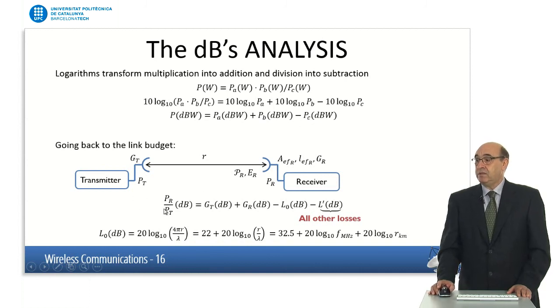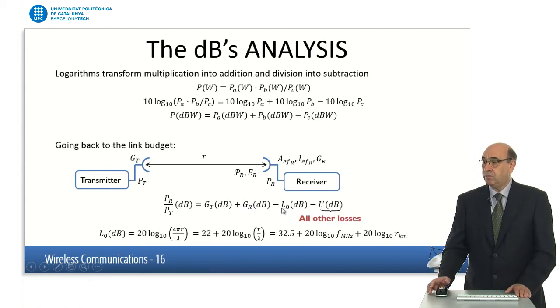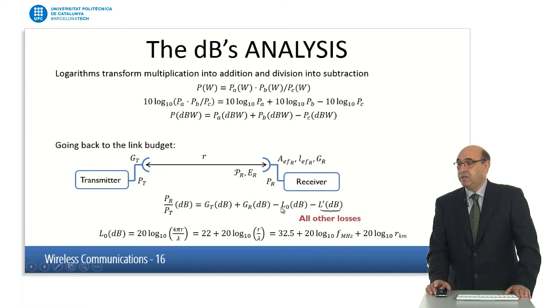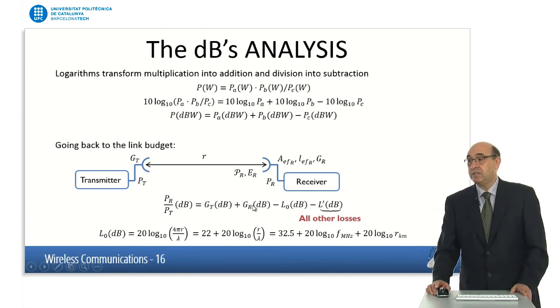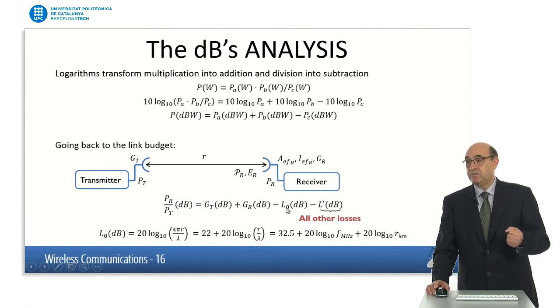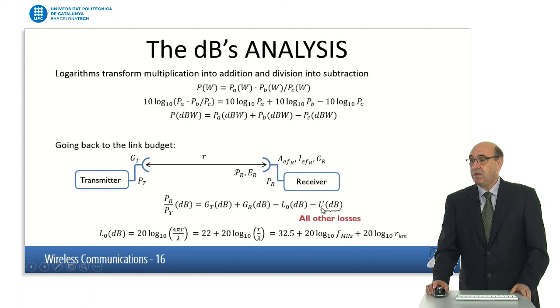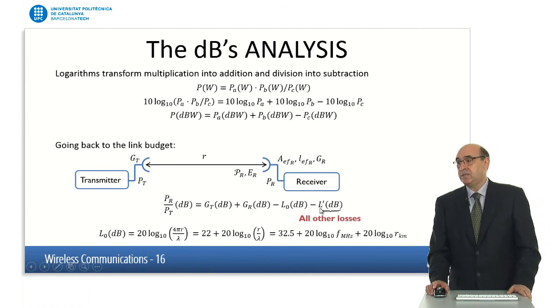When we write the link budget, remember that was the product of gain of the transmitting and the receiving antenna times the inverse of the loss, or the propagation loss. So in dBs, this is a simple expression. It's just the sum of the gain of the transmitting antenna, the gain of the receiving antenna, and then we subtract the losses. This first term is the propagation loss in free space, and we have to add any other losses that will be present in the system.